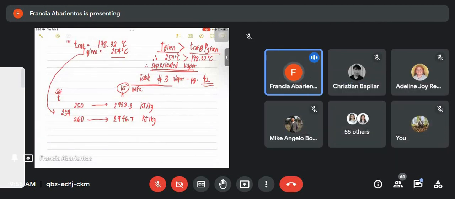So, how do we interpolate? This is what we are looking for, the H at 254 degrees Celsius.